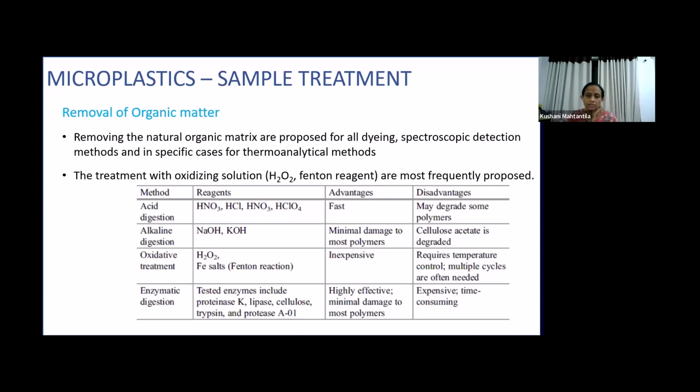Enzymatic digestion has less effect on the microplastic particles, but enzymes are very sensitive to the temperature, so we have to carefully control the temperature if we are using the digestion. But it is specific to some compounds, so some natural organic matter may not be digested with the enzymatic digestion, and enzymatic digestions are very expensive.